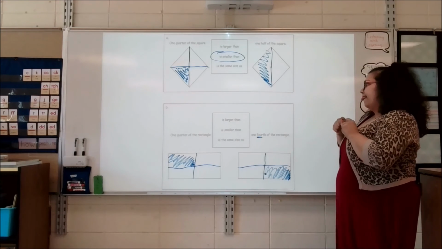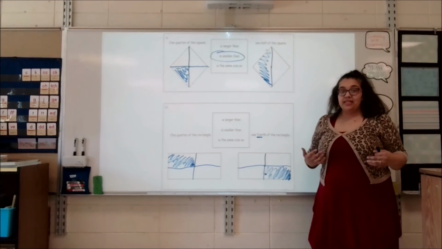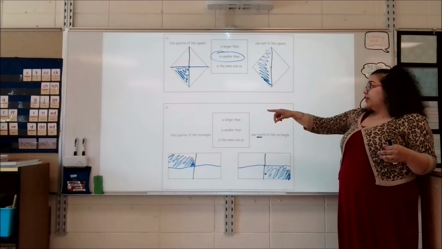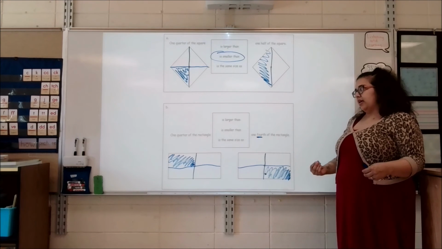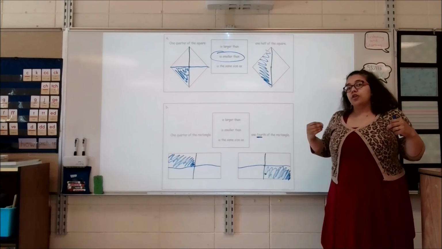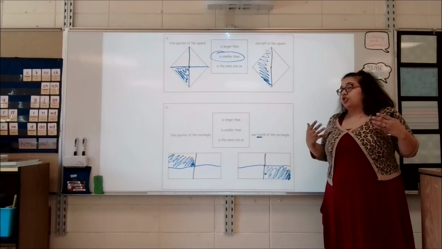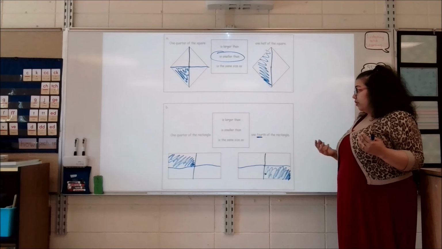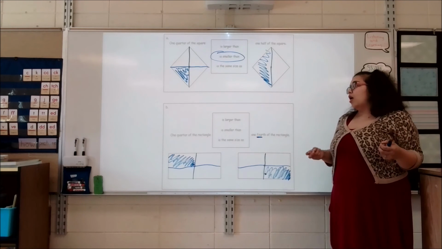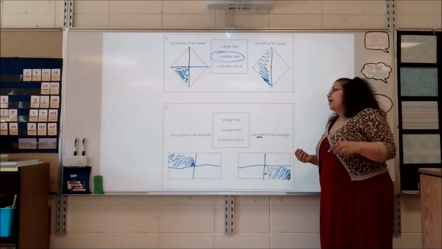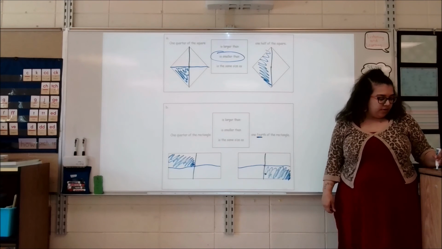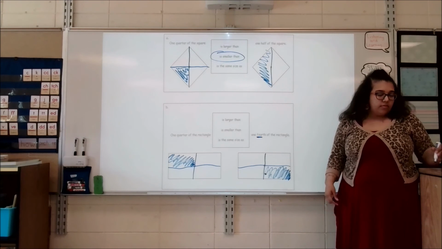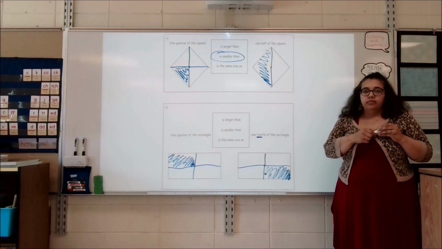So now, let's complete the sentence. Let's fill in the blank. 1/4 of the rectangle is larger than 1/4 of the rectangle. 1/4 of the rectangle is smaller than 1/4 of the rectangle. Or 1/4 of the rectangle is the same size as 1/4 of the rectangle. Look at the pictures.